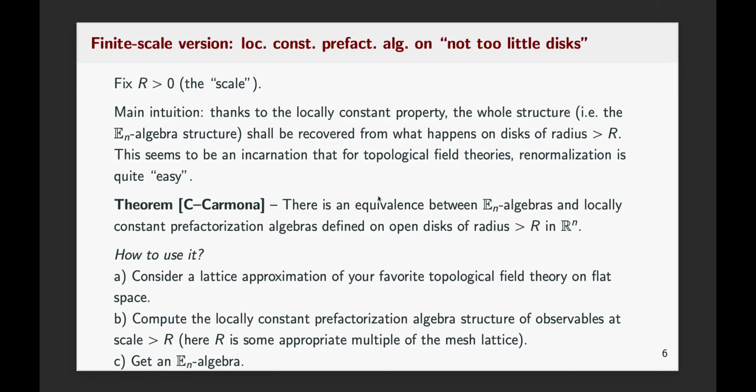So maybe two observations here. The first one is that even though it sounds very similar to these results, the strategy of proof that we used in Lurie's proof cannot be implemented here. The main reason is that in Lurie's proof, you're using that the configuration of disks in the unit disk is homotopy equivalent to the configuration space of points.